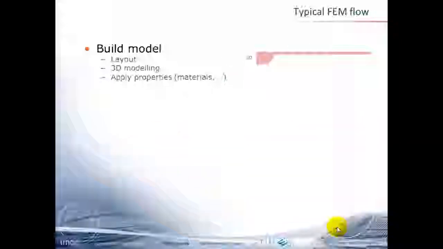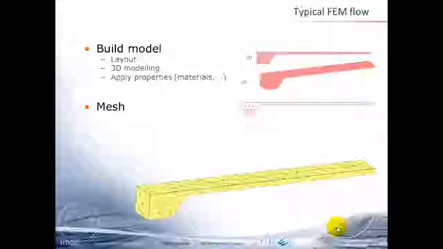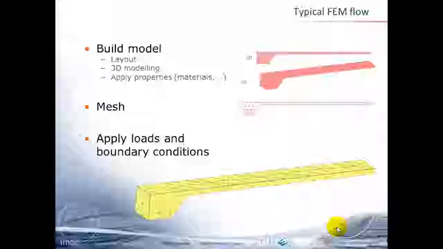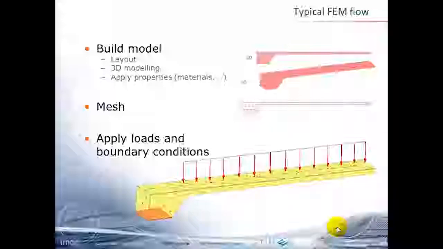What's the typical flow? Maybe not unknown to you, so you're familiar with. In 2D, you design, you have to do the layout, apply material properties. In 3D it is the same. You mesh it, a very simple structure now in 3D, and apply the boundary conditions and the loads.